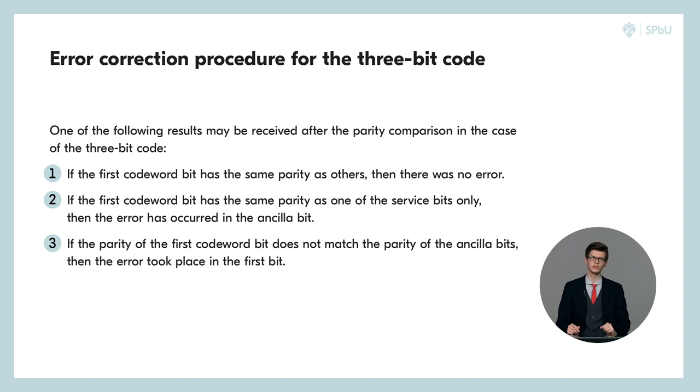The second situation. If the parity of the first bit matches the parity of only one ancilla bit, then the error was in the ancilla bit. The corresponding code words are 010 and 001. So one of the ancilla bits had the value of 1, while the first bit and another ancilla bit had the value of 0.